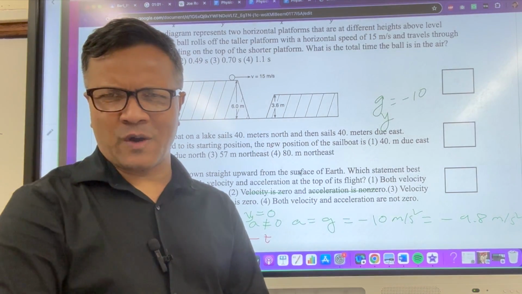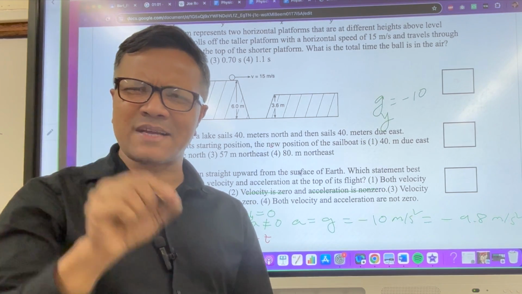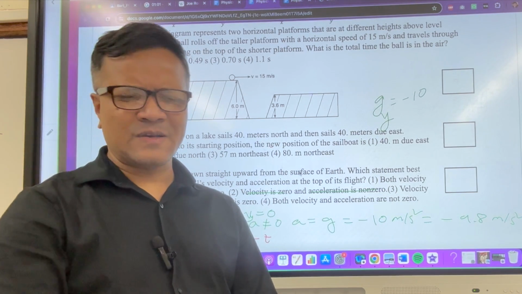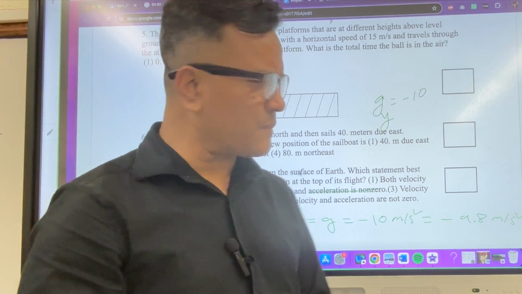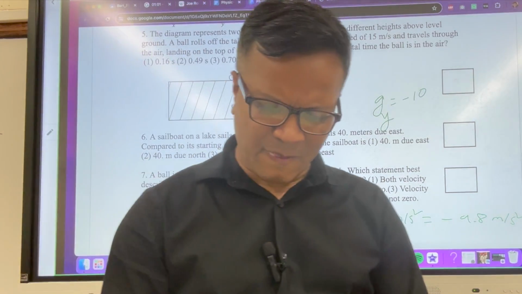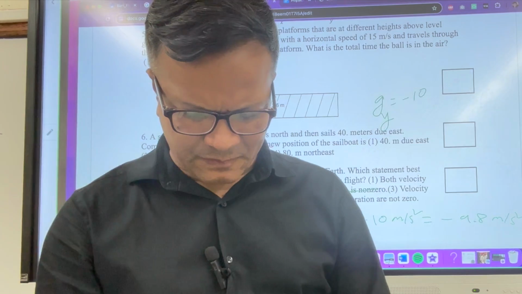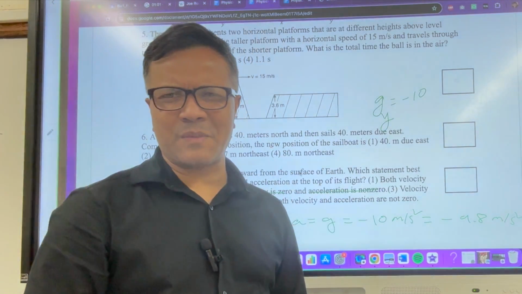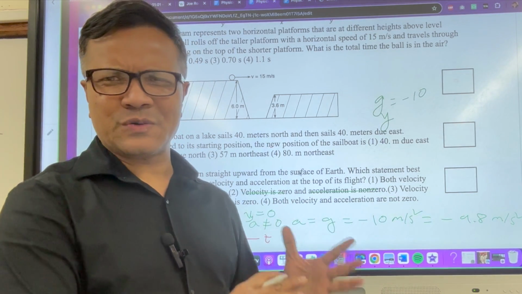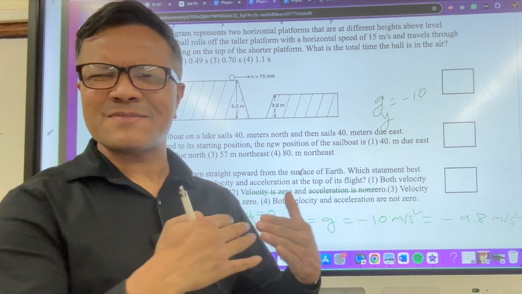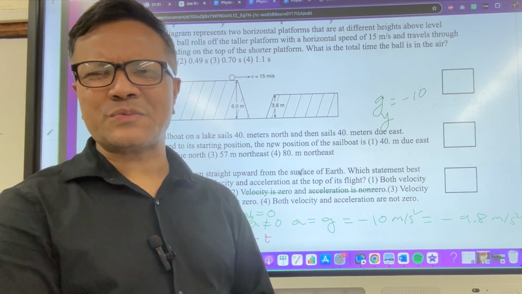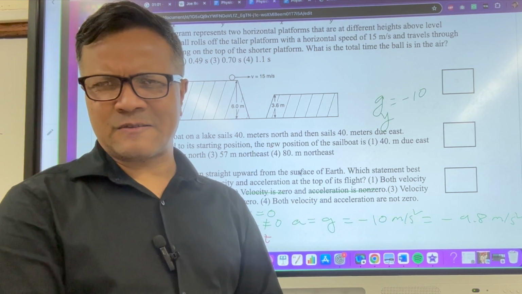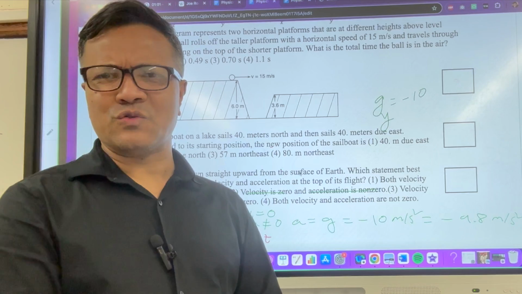Obviously, they're not going to write y because they expect you to know these kinds of things. Obviously, this question was taken from Regents Physics 2019, problem number 3. So make sure you know what they expect you to know, so you won't make mistakes when you take the Regents in June 2025.